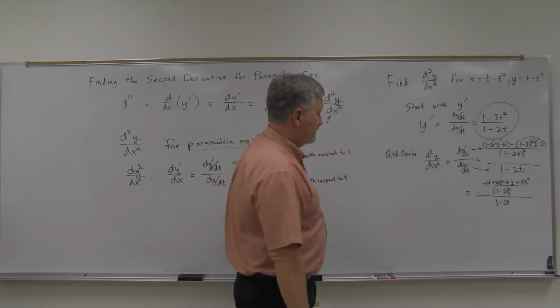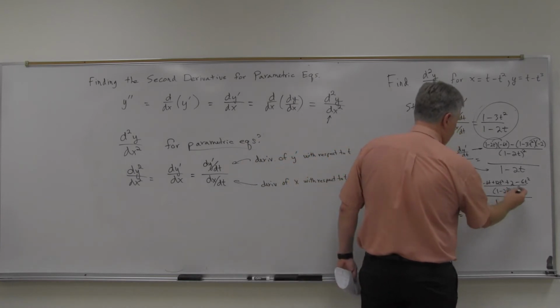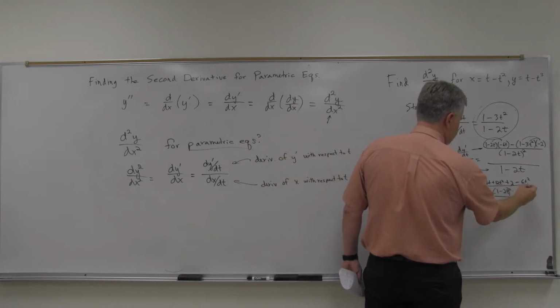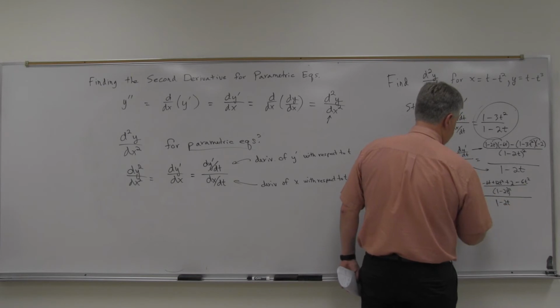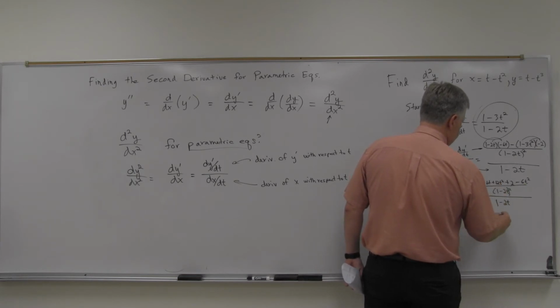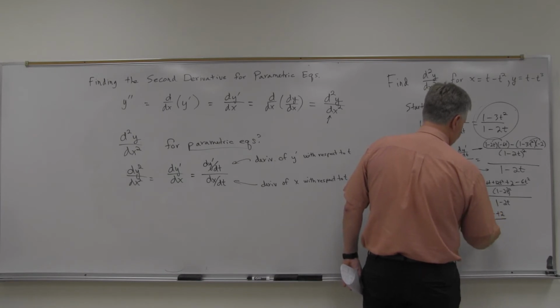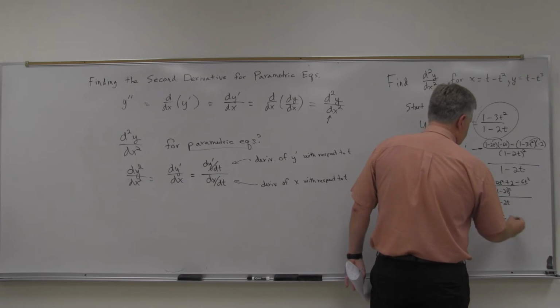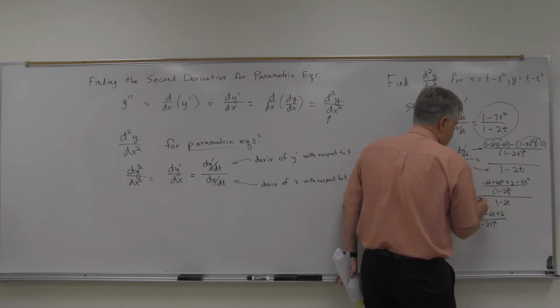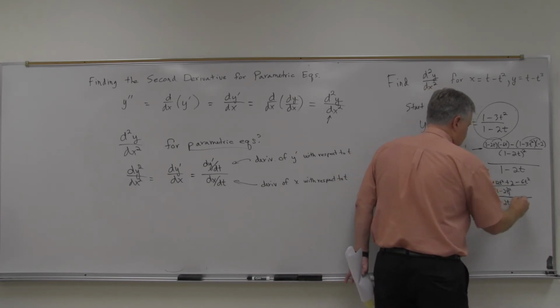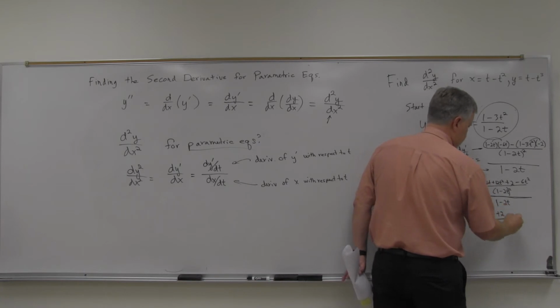All right. So combining what we can combine there, you have 12t squared minus 6t squared, so that's 6t squared. And you have a minus 6t plus 2 over 1 minus 2t squared. And then this means divide by 1 minus 2t.